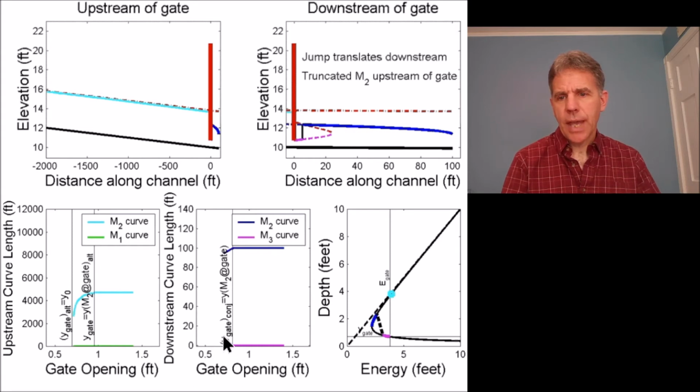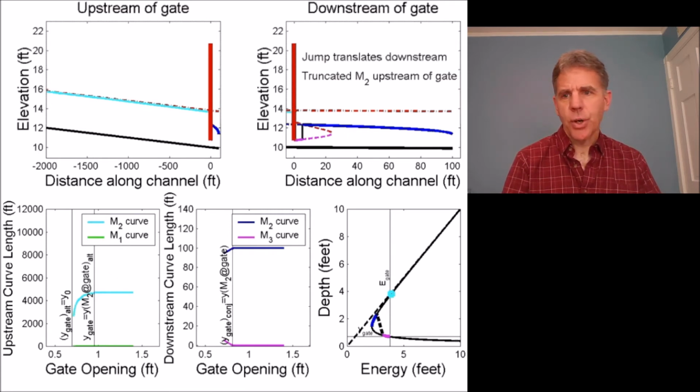The positive gains in the length of the M3 curve cancels the losses in the M2 curve, such that the sum remains at 100 feet, which is the distance between the gate and the downstream free overfall. And you can see that the M2 curve upstream of the gate is decelerating rapidly, heading for zero pretty shortly.